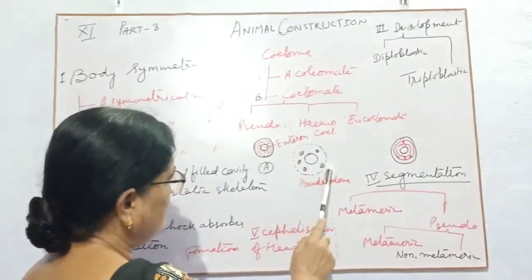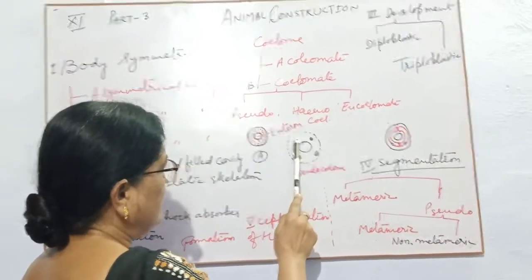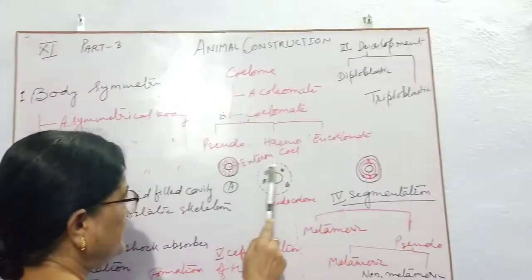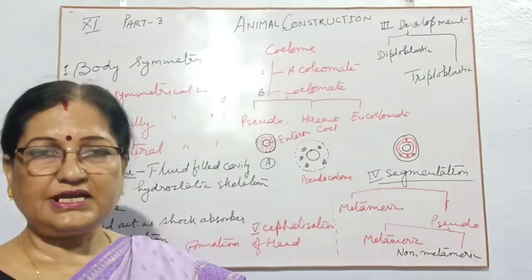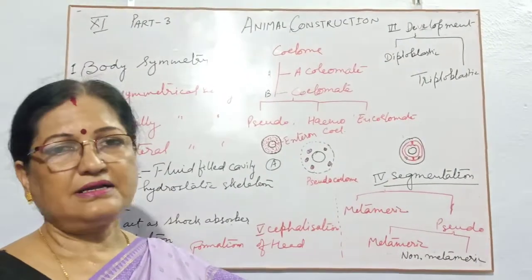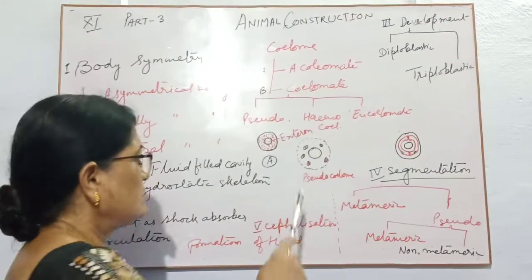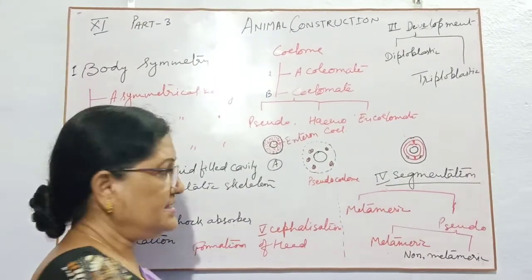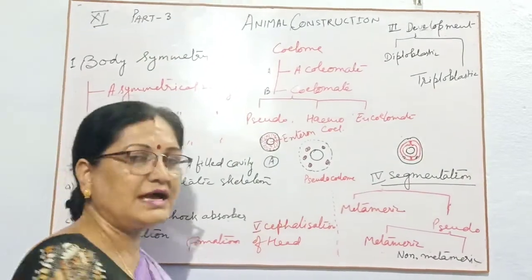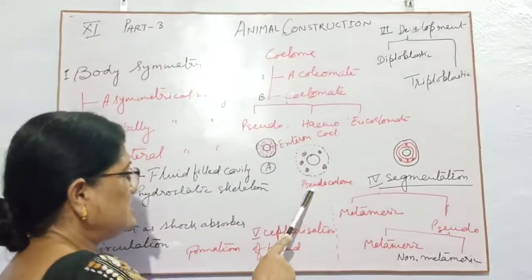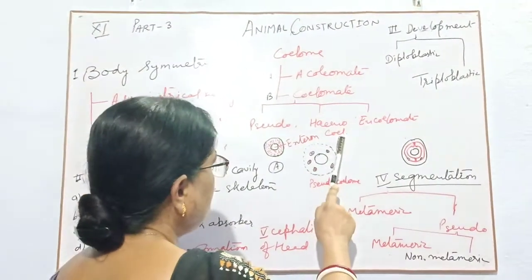This is ectoderm, this is endoderm, and this is the mesoderm present between the organs. So it can give some space, but there is no fluid. From the outside it looks like it has coelom, but they do not have coelom. This is pseudocoelom.